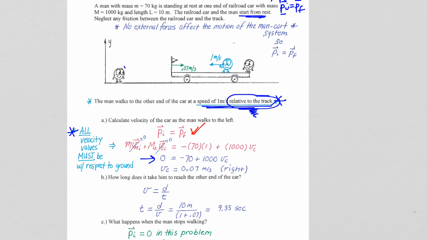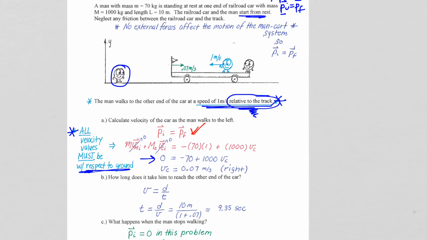So we have to be looking at it from the perspective of someone standing on the ground. So please make sure that your velocity values are always with respect to the person on the ground, and we're going to reinforce and emphasize that as we go along as well.